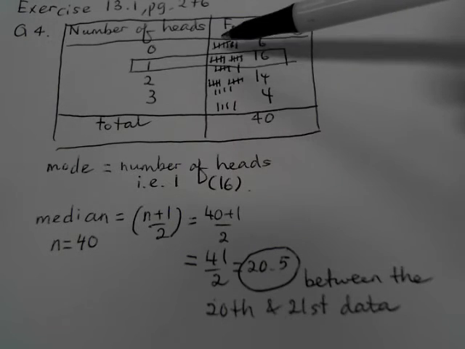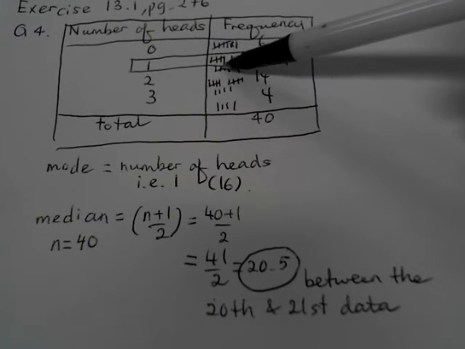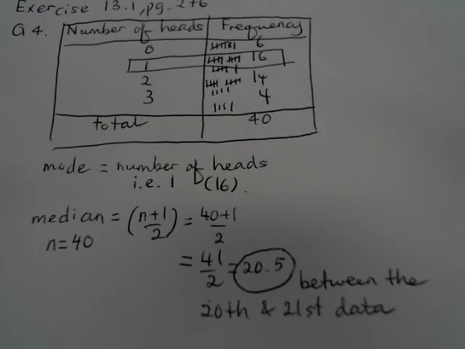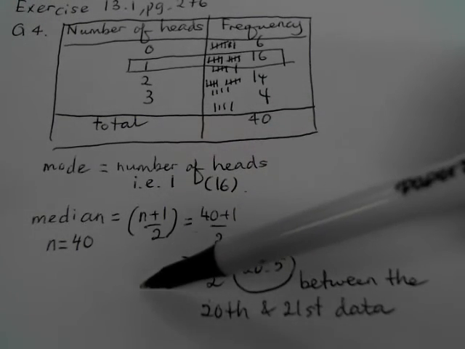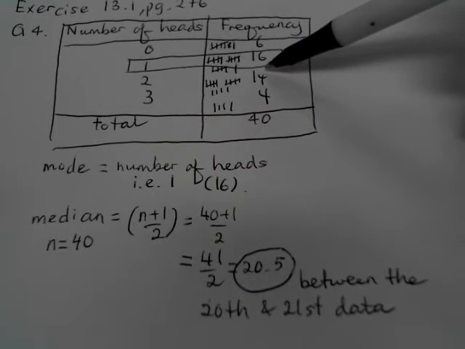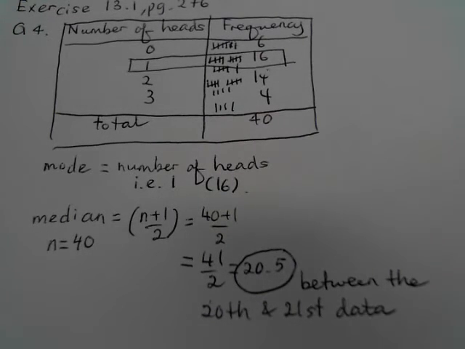So it's 5 and 6, 7, up to 20. Slash over here. And then 21. So our median is actually falling within this category, a frequency of 16 and also the number of hits. So that is where you can actually find your particular median.